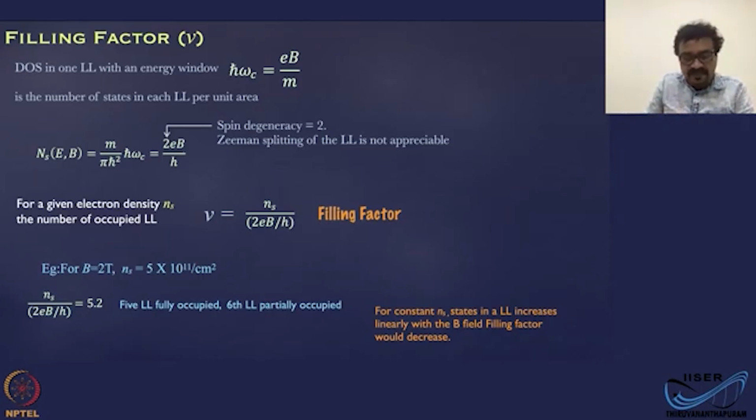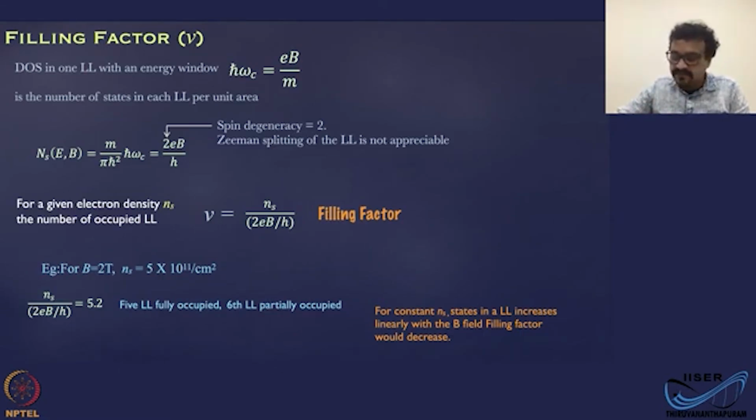For example, if you have the B field 2 Tesla with an Ns of 5 times 10 to the power 11 per centimeter square, then when you work out this number, what you will get is 5.2. What that means is there are 5 Landau levels fully occupied and the 6th Landau level is partially occupied. That's what it means. Okay.